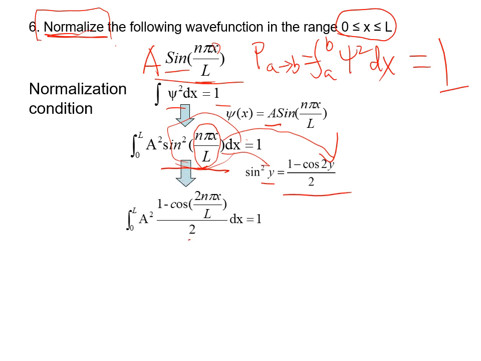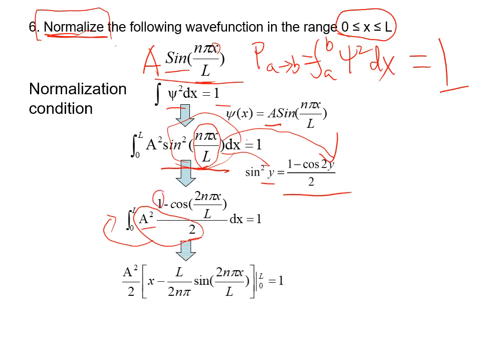And 2 is a number, A is an unknown number, so you can move them all in front of the integration, and only integrate here. The integral of 1 is x, and the integral of cosine is sine.